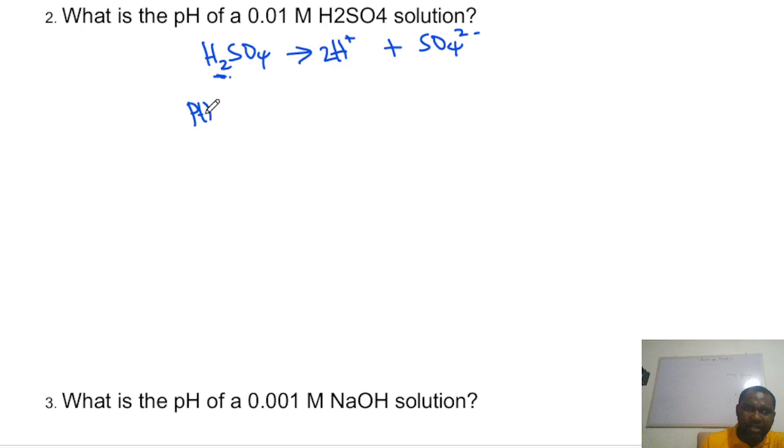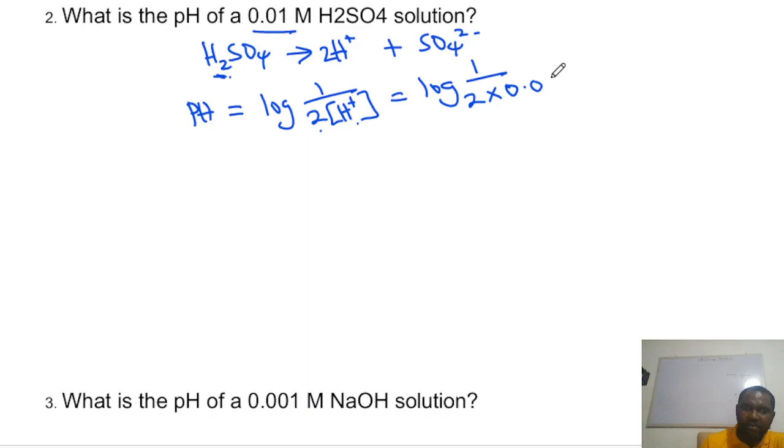So that means the pH of this solution is going to be logarithm of 1 over 2 times hydrogen ion concentration, because we have 2 hydrogen ions. So this is going to be logarithm of 1 over 2 times 0.01, which is logarithm of 1 over 0.02, which is logarithm of 50.